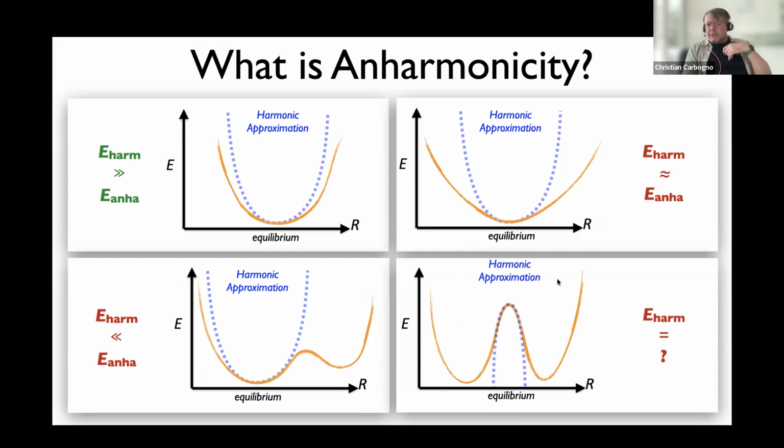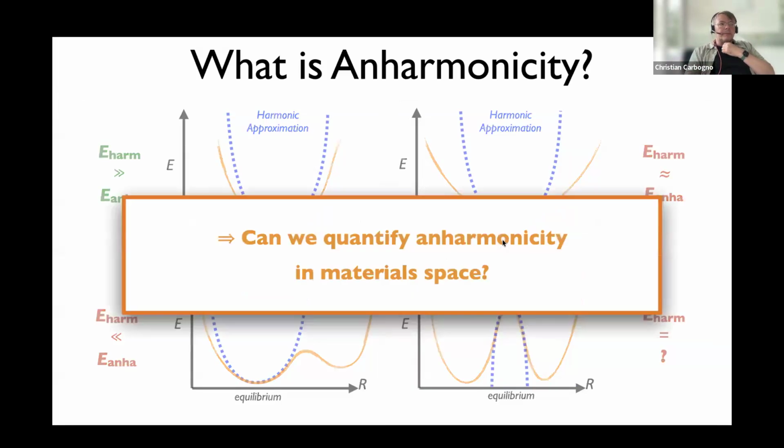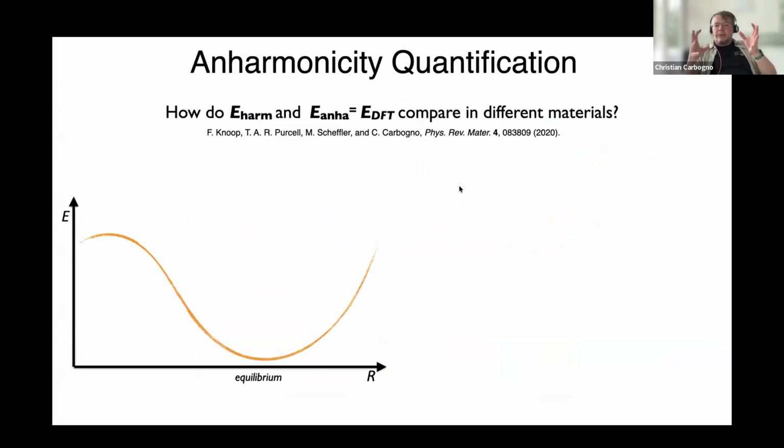In this very simple one-dimensional picture this becomes relatively intuitive, but can we find ways to give it a more quantitative, number-based insight, to discuss this more clearly for real materials and not just in these kinds of sketches? For that, a couple of years ago, together with a PhD student of mine, we tried to answer this question: how can we compare anharmonic effects in different materials?